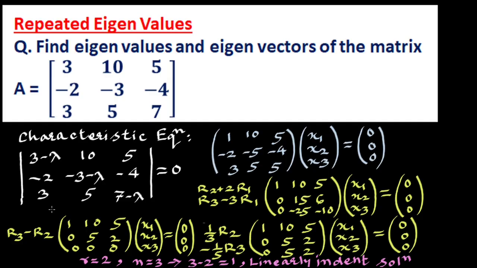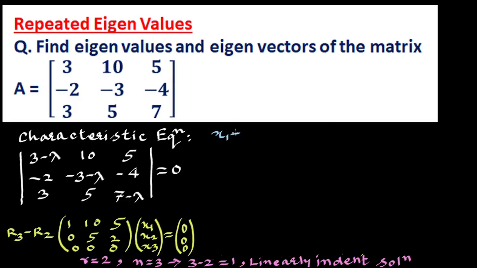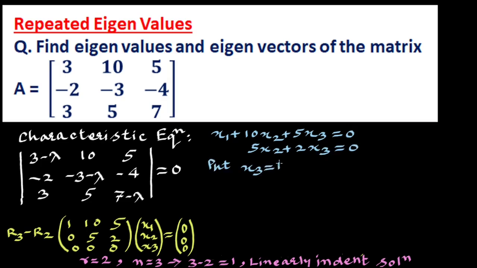From this last step, we can write two linear equations by matrix multiplication, which will be x1 plus 10x2 plus 5x3 equals 0, and 5x2 plus 2x3 equals 0. We will put x3 equals t, so that x2 becomes minus 2t upon 5, and hence from the first equation x1 will become t.